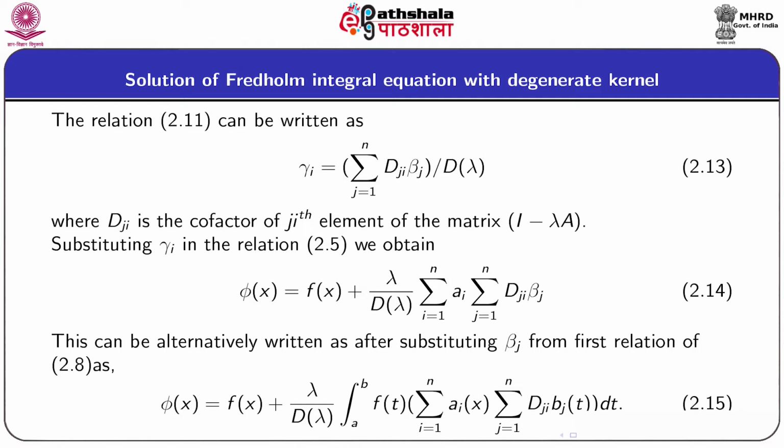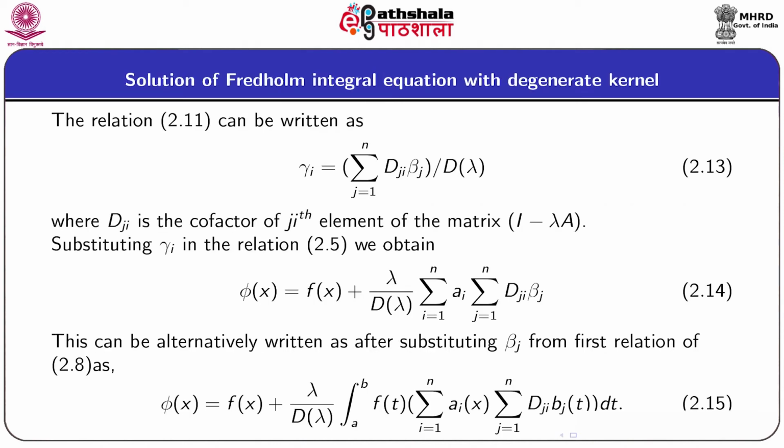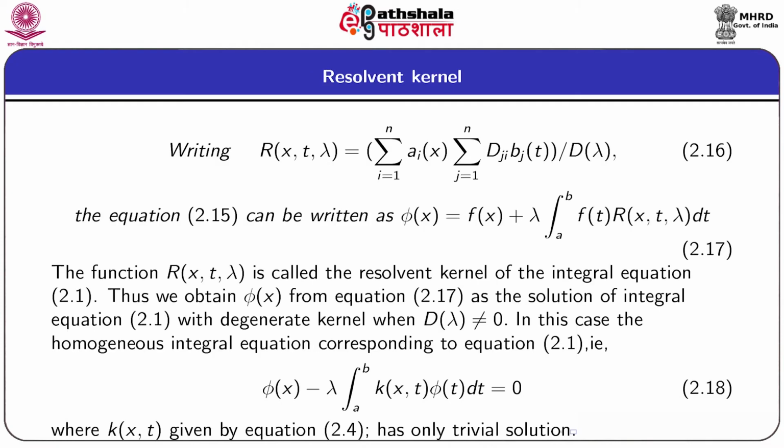So the phi(x) is the solution of the given integral equation with degenerate kernel, and in equation 2.15, if we write the expression in the first bracket as the function capital R(x,t,lambda), then this phi(x) in equation 2.15 can be written as given by equation 2.17.